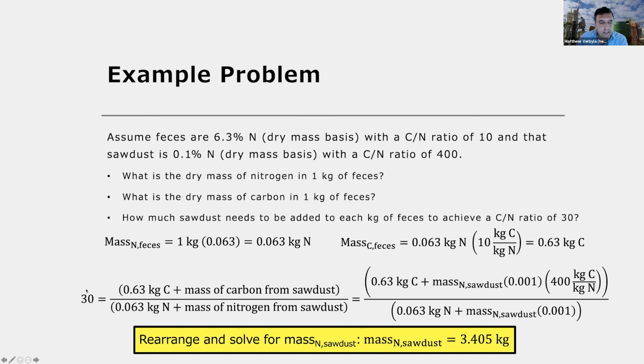If we rearrange this equation and solve for the mass of the sawdust, we find that it's equal to 3.405 kilograms. So for every kilogram of fecal material, we would need to add 3.405 kilograms of sawdust in order to get that 30-to-1 carbon to nitrogen ratio, which is ideal for composting.